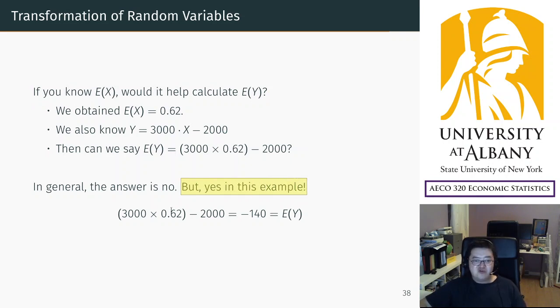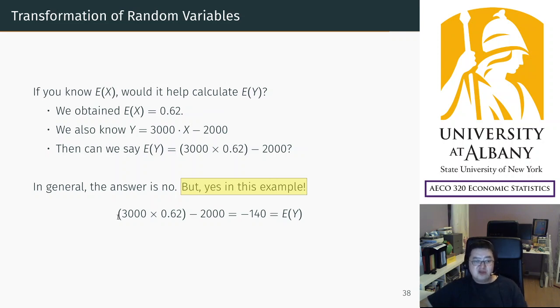So if you plug 0.62 into the relationship, replacing the number of cars in the formula with the average number of cars, then you get exactly what you wanted. So you get minus $140, which is the expectation of the new random variable.